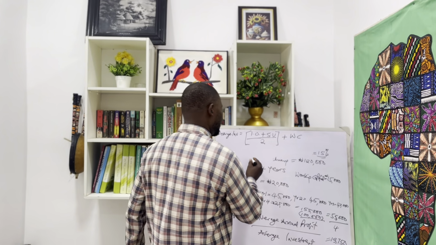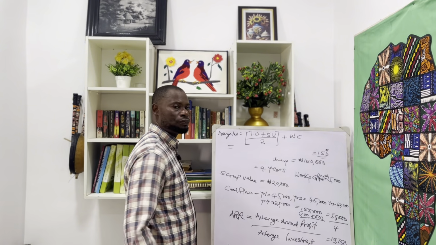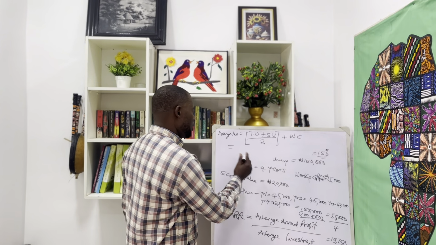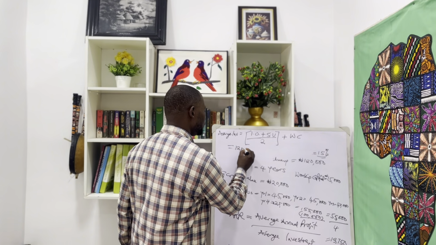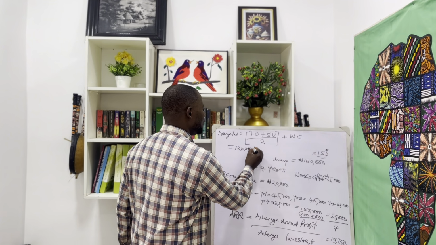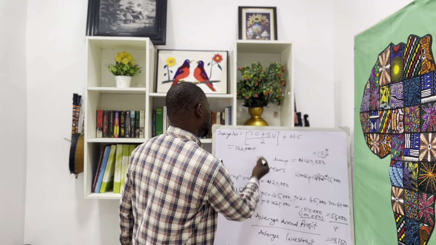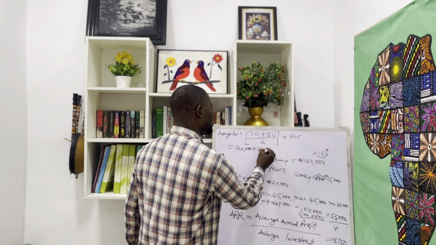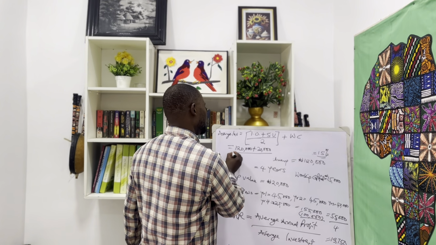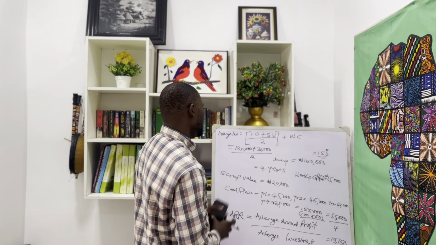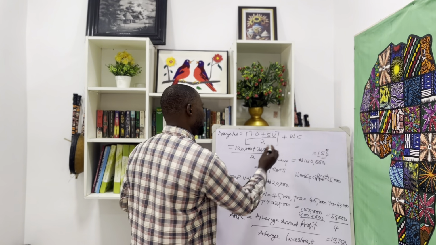Now, to work this out, the initial outlay is 120,000 plus the scrap value of 20,000, divided by 2. Now, if you add this, what do you have?